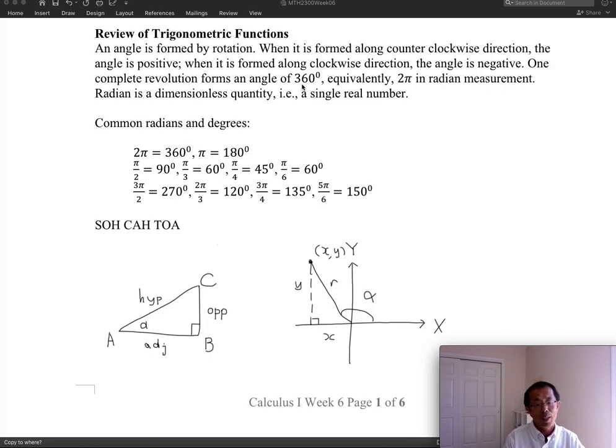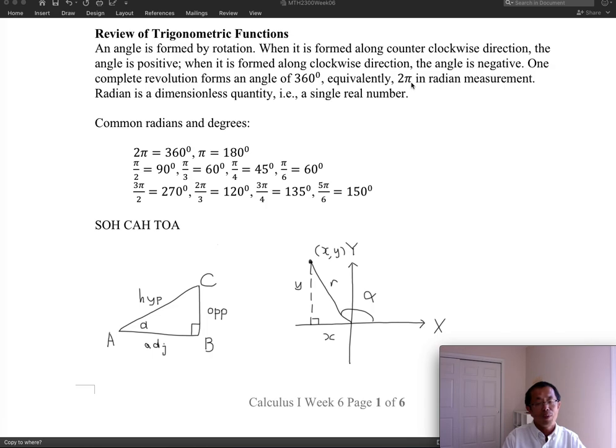The number one could be a radian, the number two could be a radian. But in class, we don't use 1 radian or 2 radians a lot. Actually, we use some special forms of radians, because I hope you remember that 360 degrees in terms of radian measurement is 2 pi.